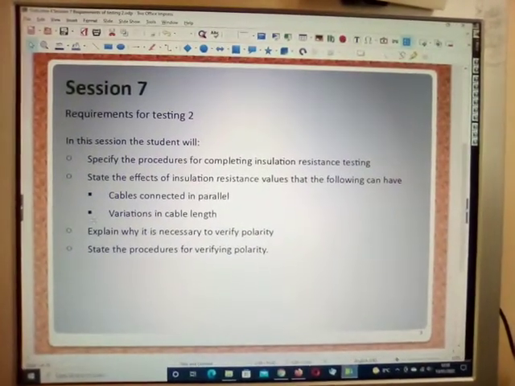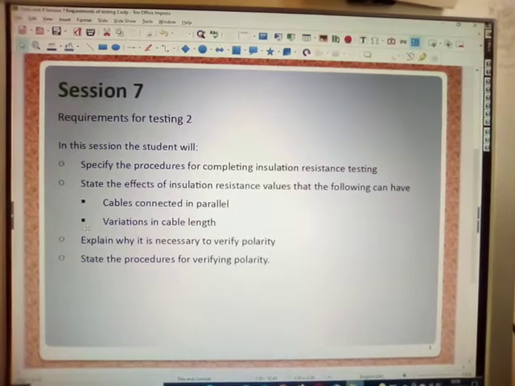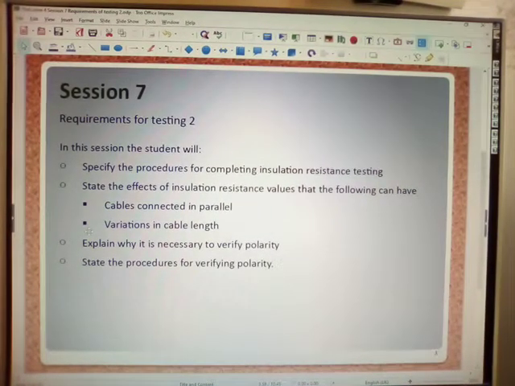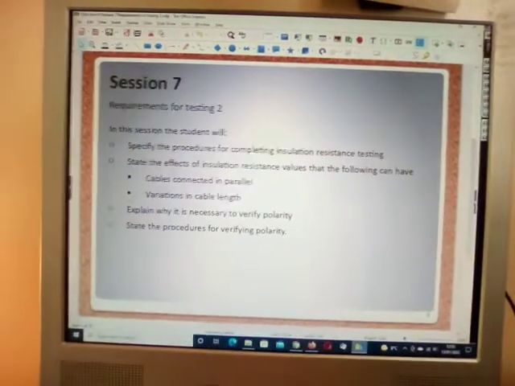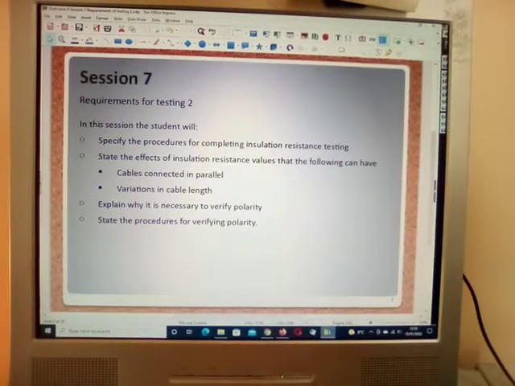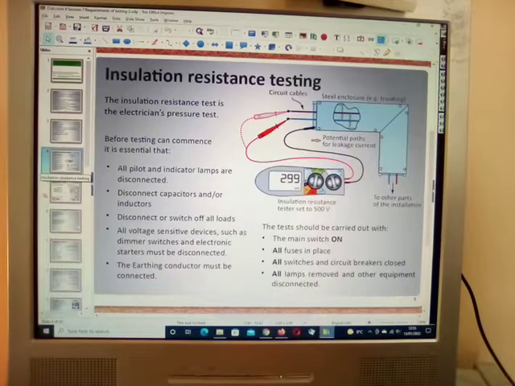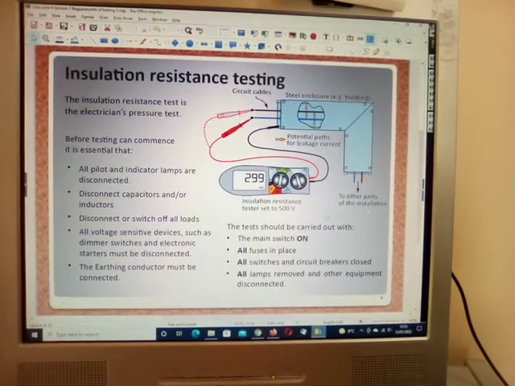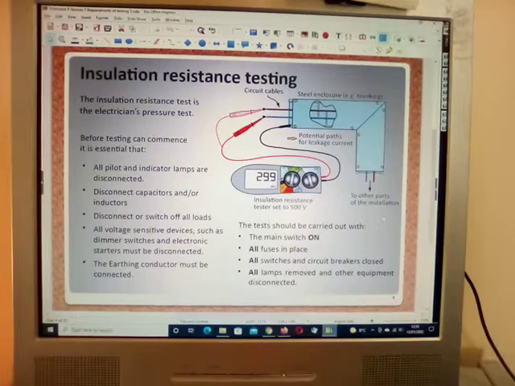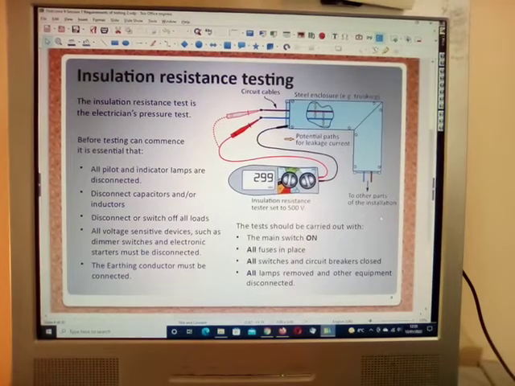Section 7, requirements for testing. In this session, you will specify the procedures, state the effects of installation, cables connected in parallel, variations in cable length, etc. Now you would have seen that we did some of this in part 1.